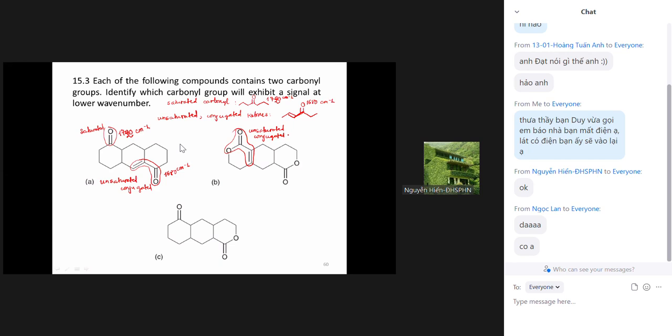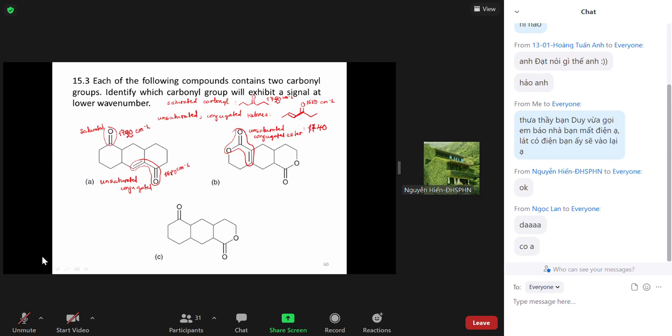Now this is not a ketone, but it is an ester. And esters will absorb a little bit higher than ketones. So it is 1,740 centimeters to the -1. No, I think wrong.